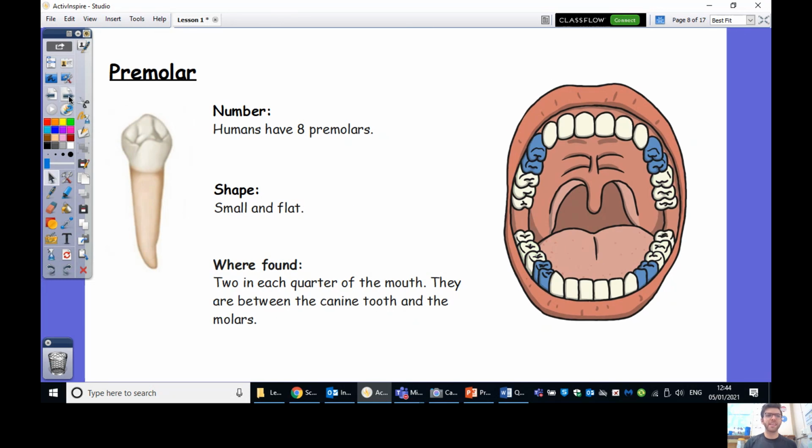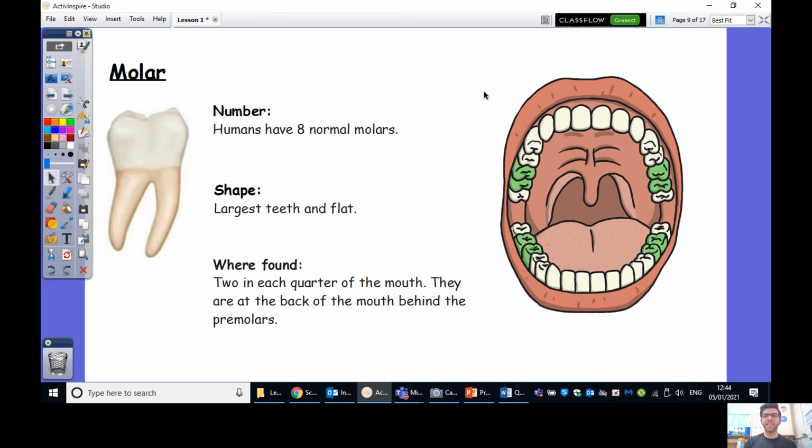So over here, the premolars, the before molars, and then these ones over here. Just like the premolars, we have 8 of those, 2 in each corner of the mouth, right near the back. And just like the premolars, they're flat. However, they're not small.